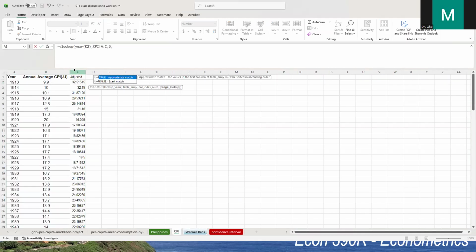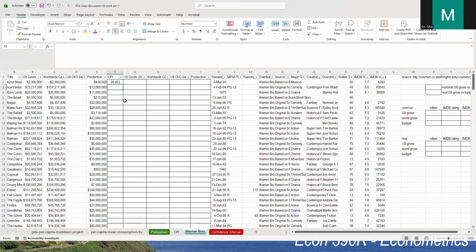You can put false, we put 0, which means false. It's just easier for me to type. So since 1933, $1 back then is equal to about almost $25 today. Oh, did I get that backwards earlier? I'm going to copy this all the way down.